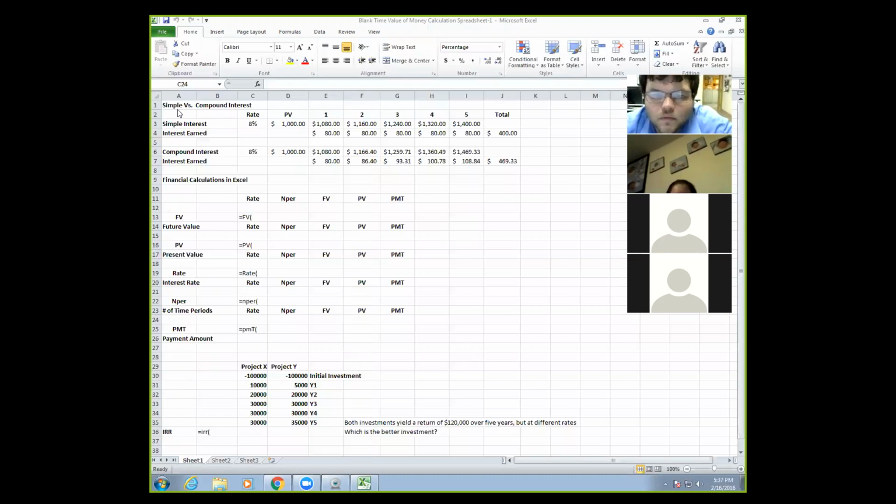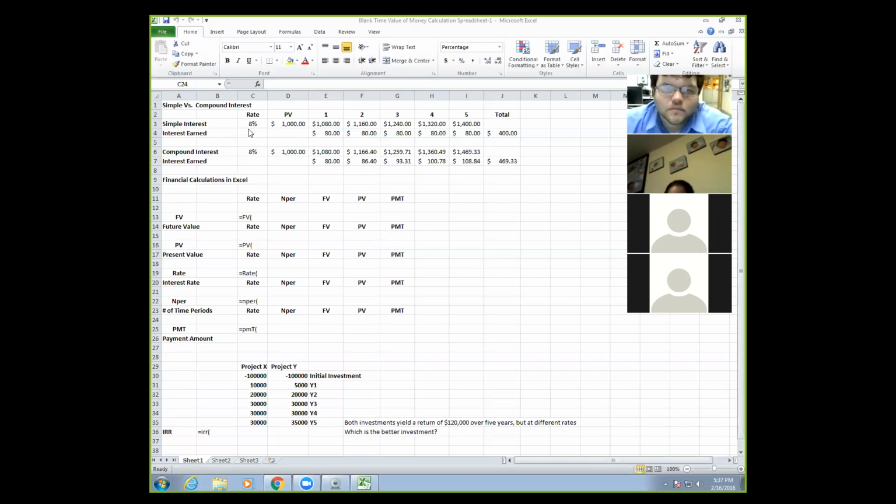No savings account today is going to pay you 8% on your deposits. They'll probably pay you 0.5% or something like that. But for this example, we'll just say 8% is what the bank tells you you'll earn if you deposit money with them.